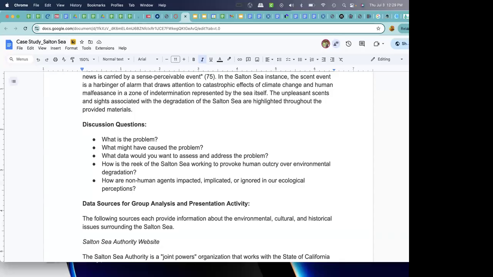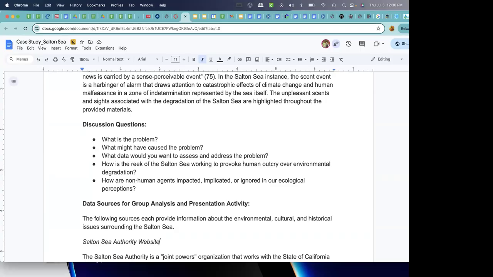So the problem with the Salton Sea is that it's become less habitable for migratory wildlife that depend on it, which includes over 400 birds. The cause is largely due to runoff from the Imperial Valley, which the Salton Sea relies on to maintain its water level.